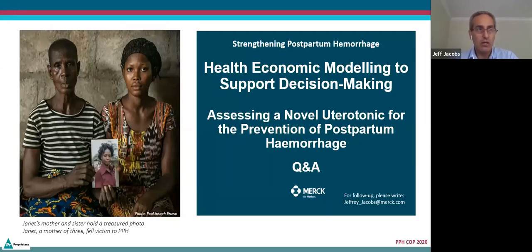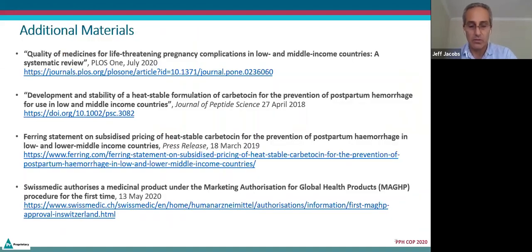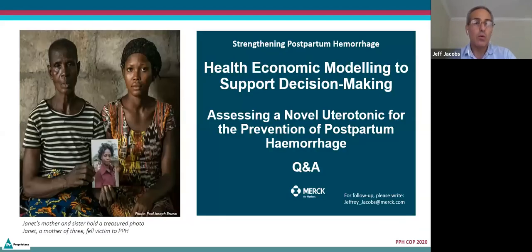We know that in the CHAMPION trial that WHO led, there was a head-to-head trial in prevention, heat-stable carbetocin versus oxytocin. There was a significant amount of utilization of uterotonics in the induction and augmentation phase prior to the use of the prophylactic, and you saw the results that were published in the New England Journal of Medicine.